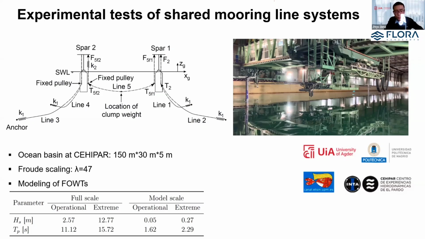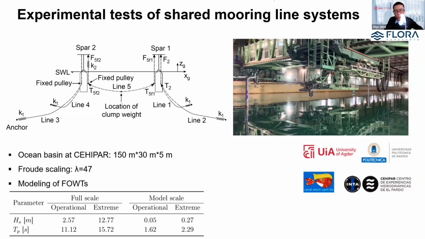We look at 2 environmental conditions. If you look at HS, which stands for significant wave height, and TP, which stands for spectral peak period, we look at 1 operational condition and 1 extreme condition, typical of the North Sea.